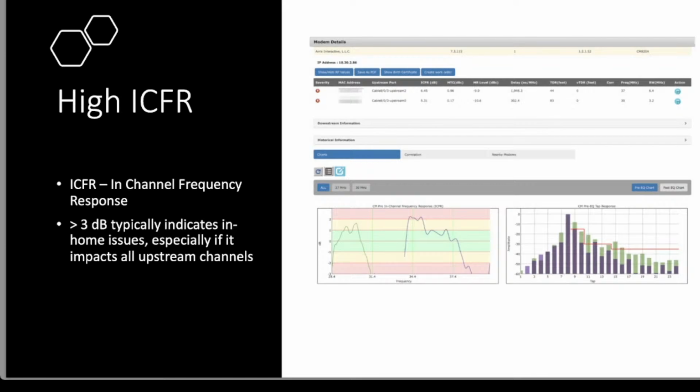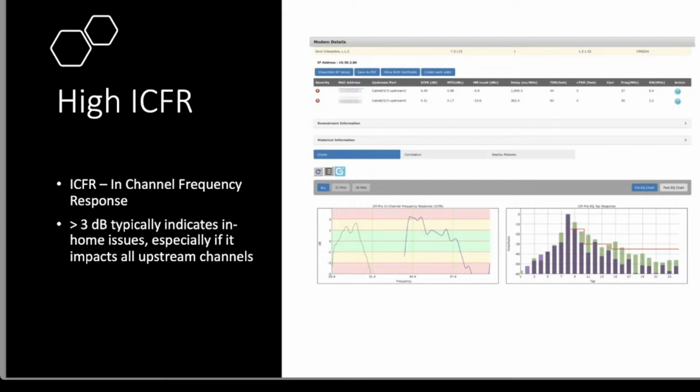Ideally, they should be nice and flat when they go into the CMTS. When they're not nice and flat, that tells us there's some type of impairment that the cable modem's pre-equalizing its output. It's doing something really funky here, and we call that a peak to valley variation of the top of that cable modem haystack, which we generally call ICFR, in-channel frequency response.